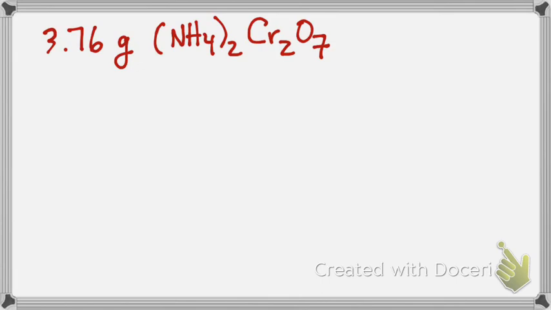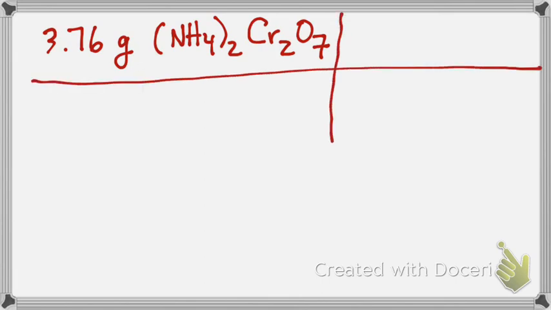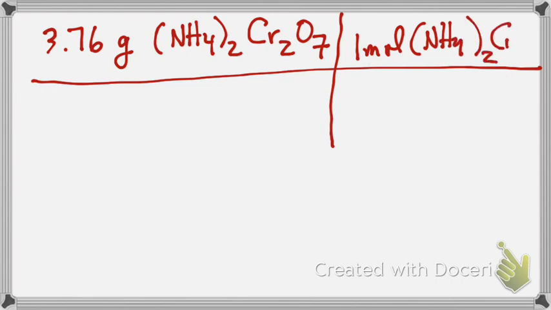We know that we're going to start with what we know. I know that 1 mole of ammonium dichromate is equal to the gram formula weight of ammonium dichromate.